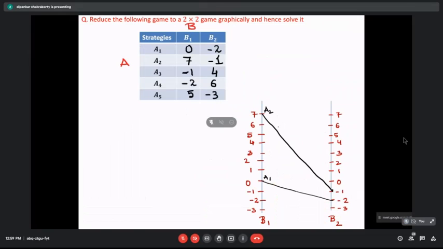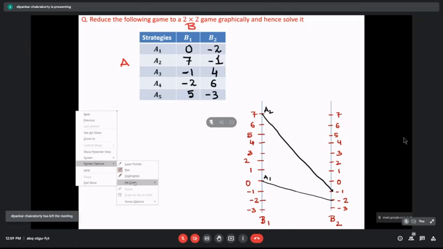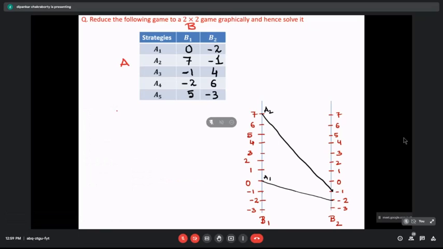Okay. So now, similarly, A3 is joining the points -1 and 4. So -1 here, and 4 here. This is A3. Clear? Next, A4 is -2, 6.